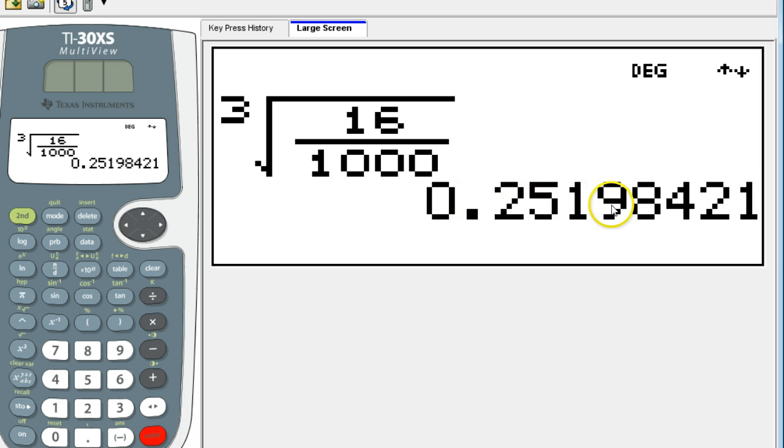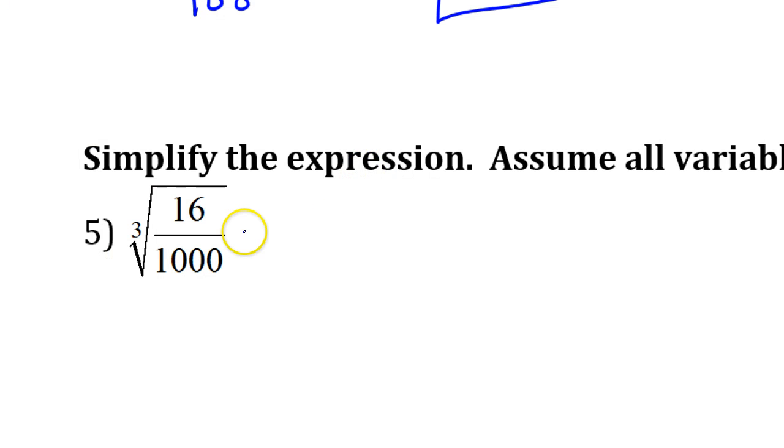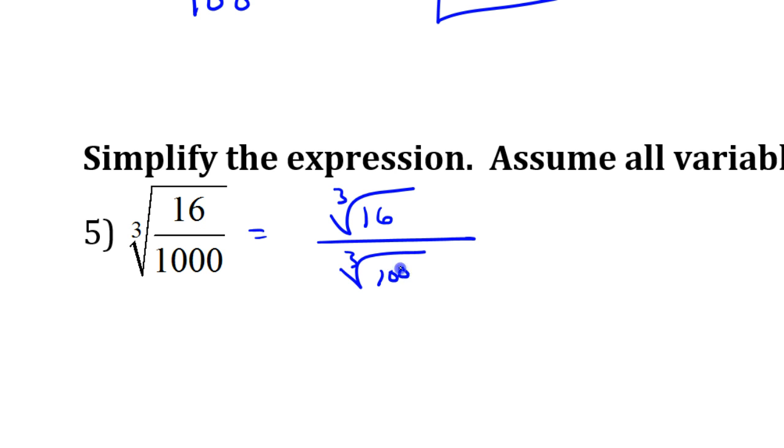Okay, I just get this ugly decimal. So that's not what I want. So I'm going to have to be more careful than that. So one thing, if you have the root of a fraction, that's the same thing as the root of the numerator over the root of the denominator separately.